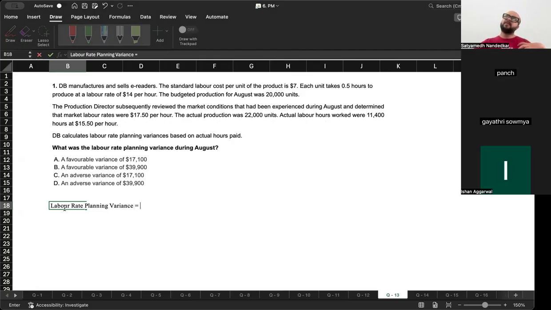Planning variance means the original budget and original number minus the revised standard, right? It comes like this. AH into RSR minus SR. Actual hours into revised standard rate minus standard rate, original standard rate.